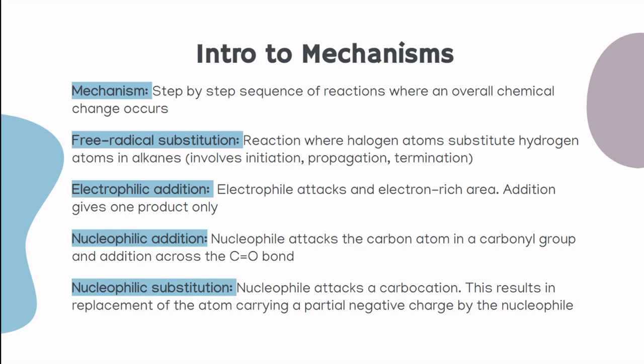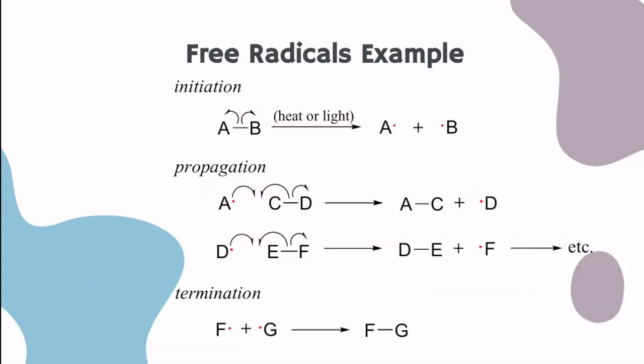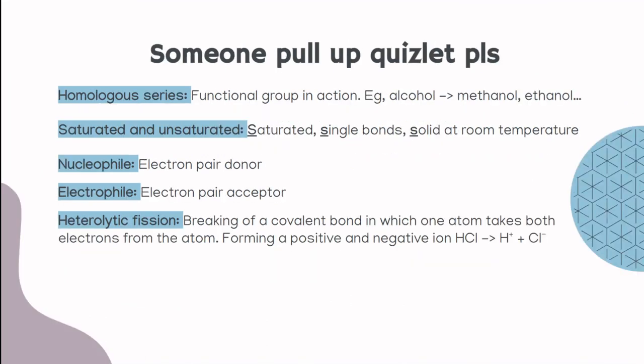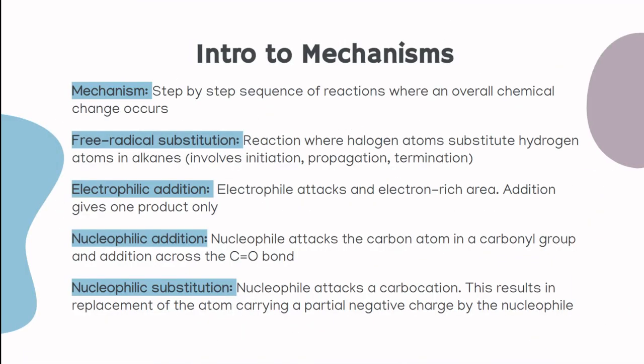Though we also have other mechanisms. We have electrophilic addition, where an electrophile, as we saw earlier, is the electron pair acceptor. So it's something that is accepting electrons, and it is going to attack an electron-rich area. It's almost like we steal from the rich to give to the poor. That's what it really wants. Or the rich are getting richer, I guess you could say.